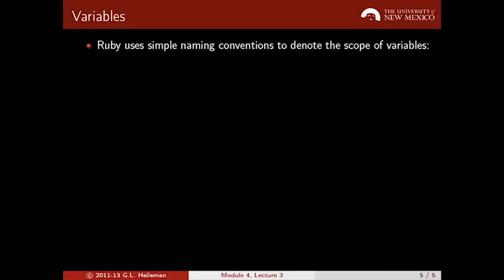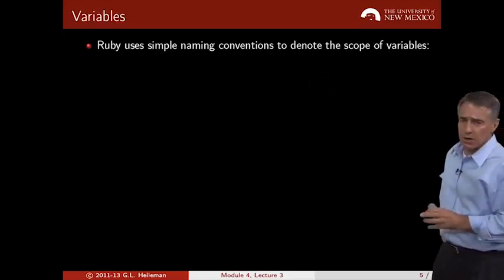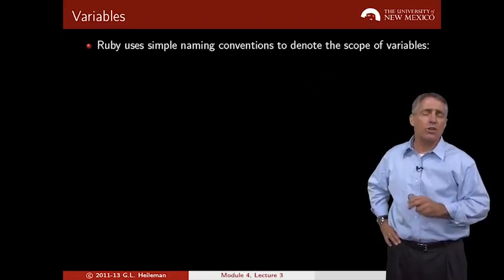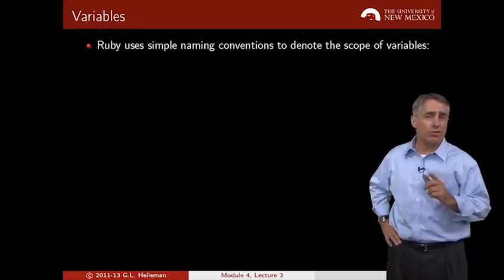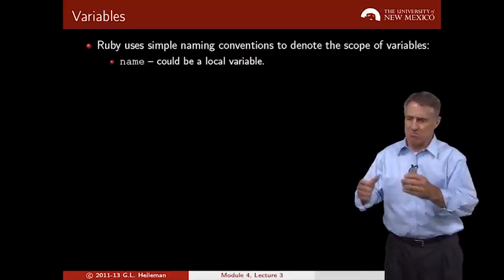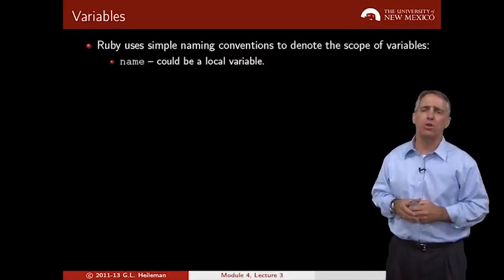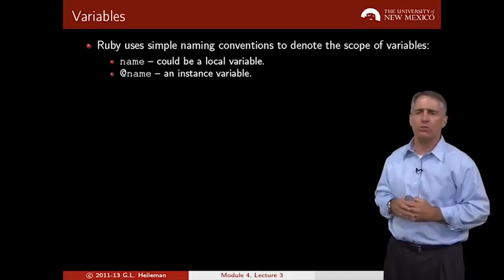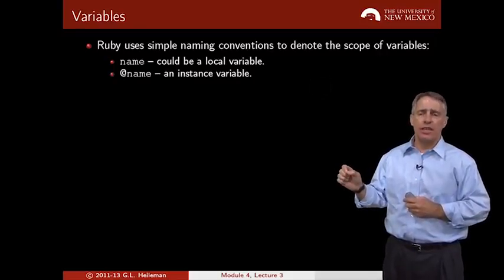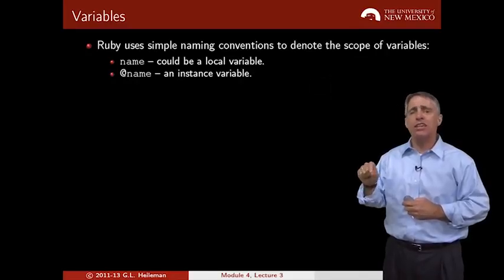The naming conventions in Ruby that I have just referred to and that you should follow are as follows. It's a very simple naming convention where you denote the scope of the variable and also the type of the variable by how you name it. So if you just use name, then that's probably a local variable. Name itself is the literal here. If I put this @ sign in front of it, then that's indicating that name is an instance variable.